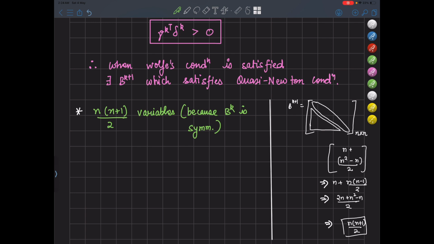All right. Now, how many Quasi-Newton conditions do we have? We have n equations.